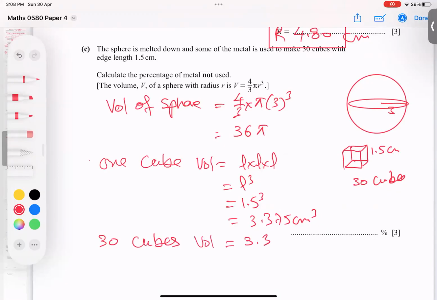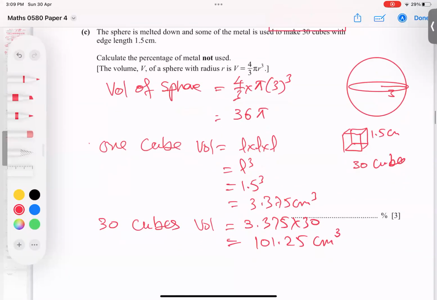So multiply by 30, and I'm getting here 101.25 centimeter cube.